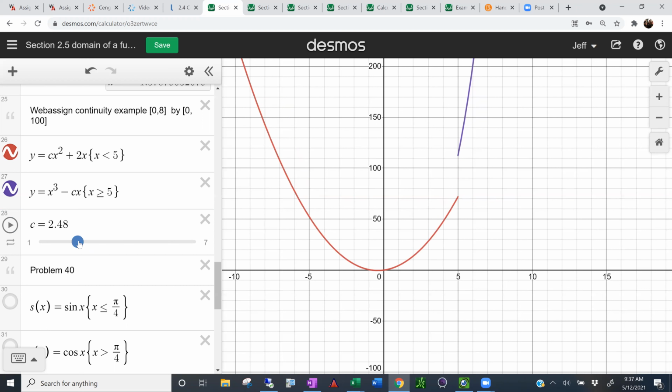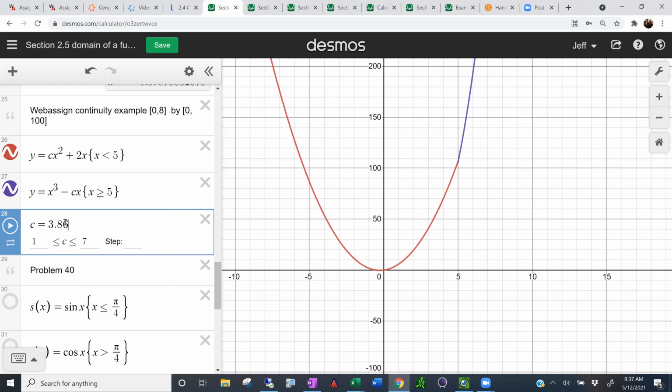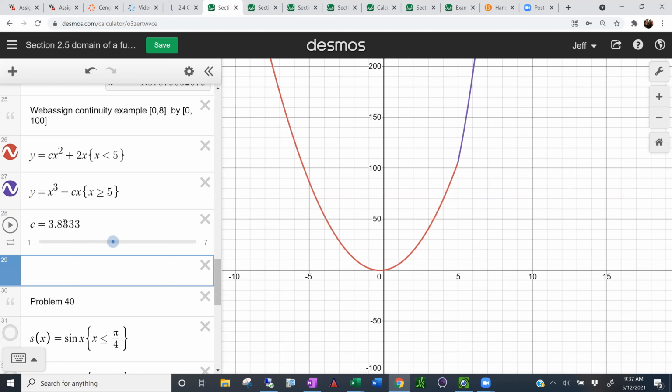But for the right choice of C, equals 3.8333, etc., then you get a nice continuous function. Is that helping out? Okay. Yes, good, thank you. Does the visual help out? Is it nice to be able to hit the slider and see that, oh yeah.